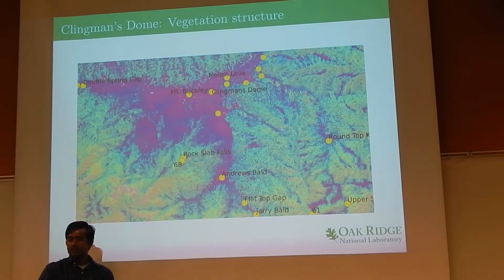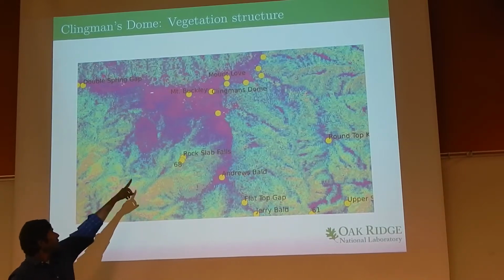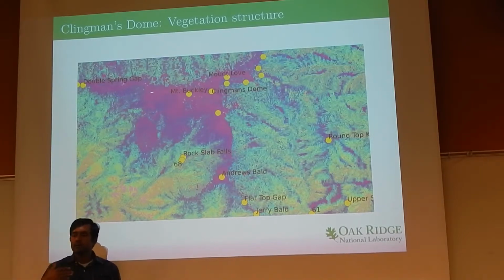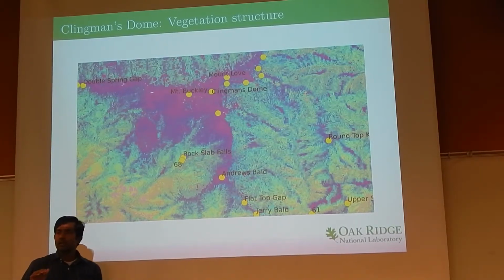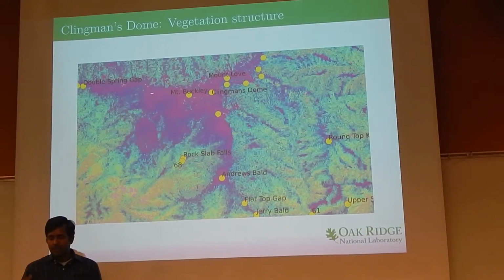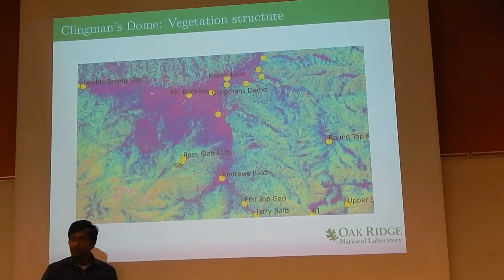Again, this is the vegetation structure map, the structural classification. Lots of red shades appear at these high elevation areas, because if you remember, we assigned red to low height vegetation types. So some of those patterns start to emerge.